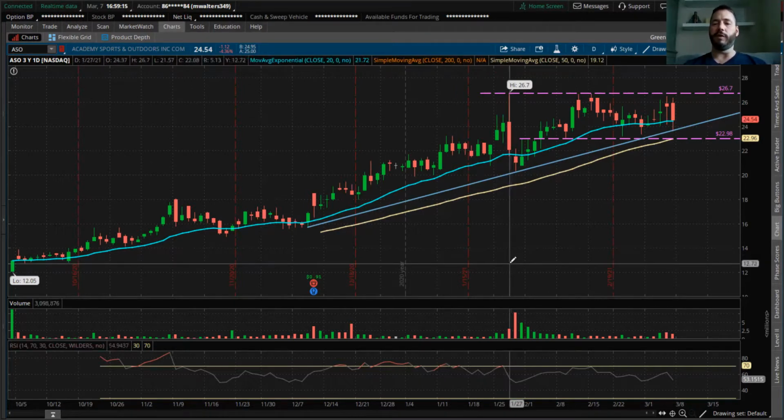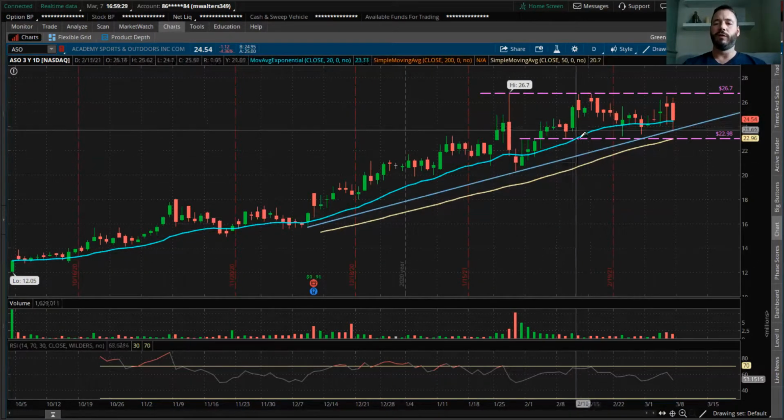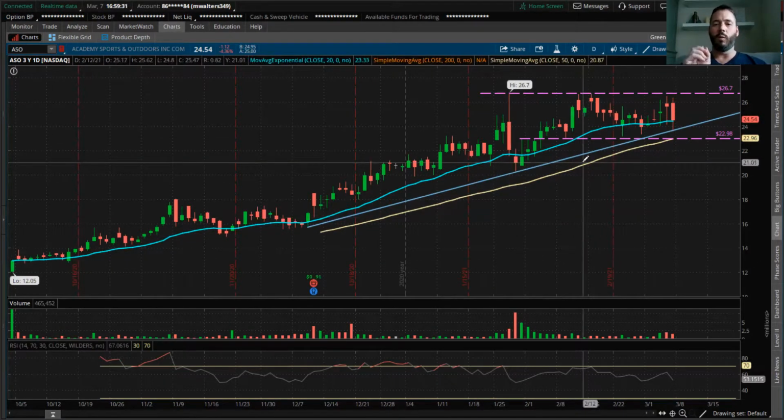This is the daily chart. On the daily chart, I do a 1 day, 3 year. Obviously, this hasn't been around for 3 years, but each one of these candles represents 1 day's worth of trading. Okay.